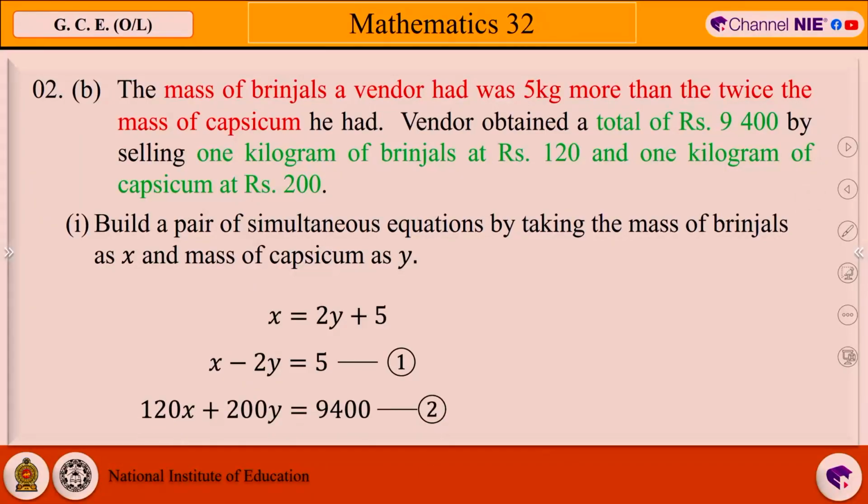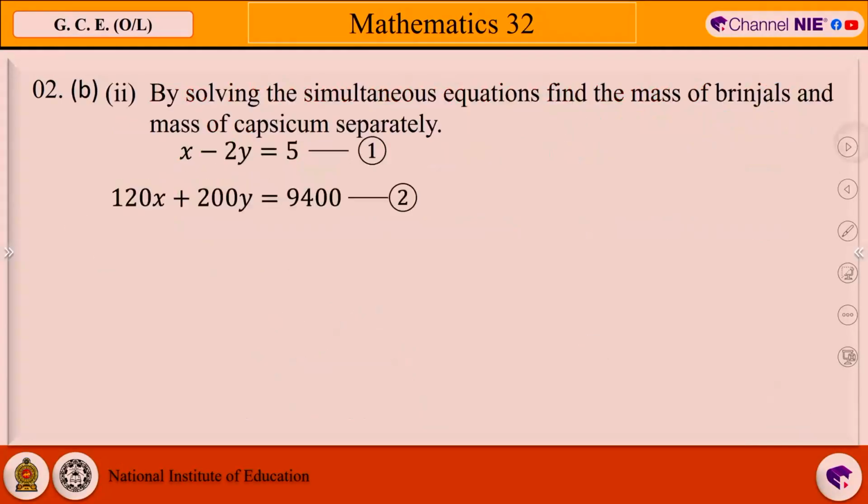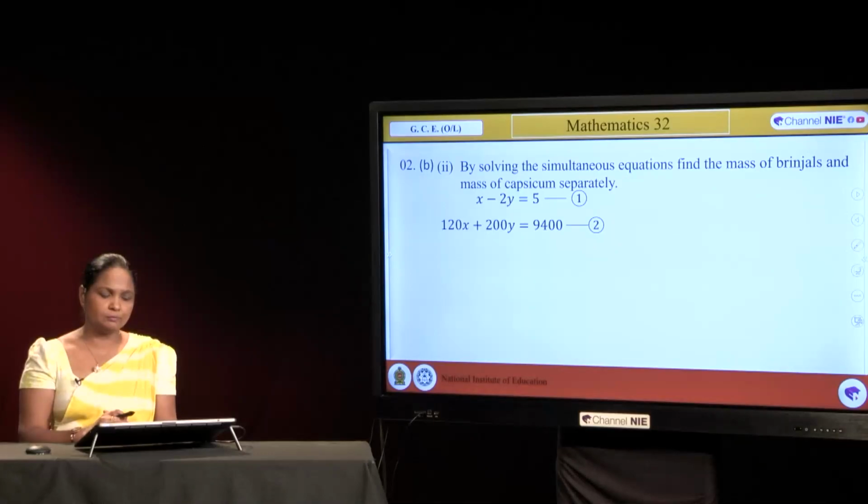So, 120x plus 200y equals 9,400. Now, these are the two equations and we can solve this for x and y. For each equation you get 1 mark and for both you get 2 marks. So, we will see how to solve them for x and y.